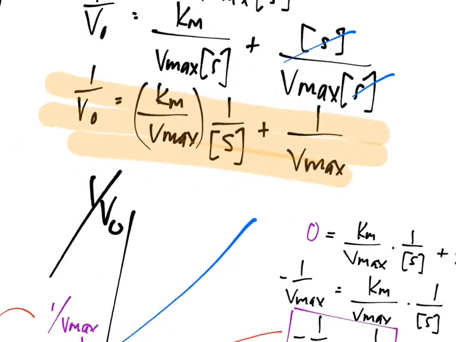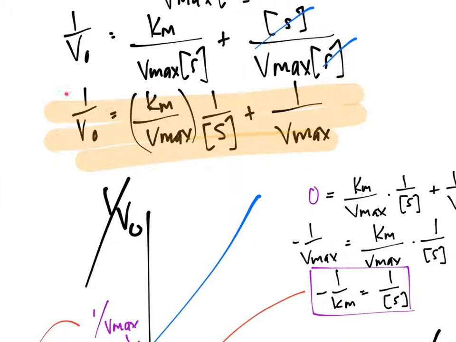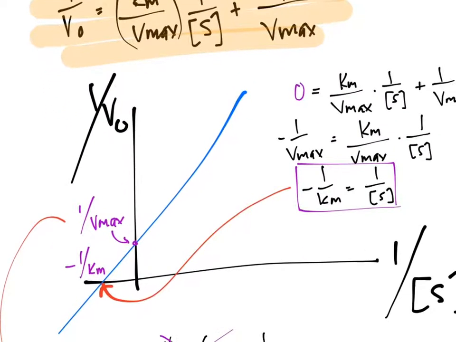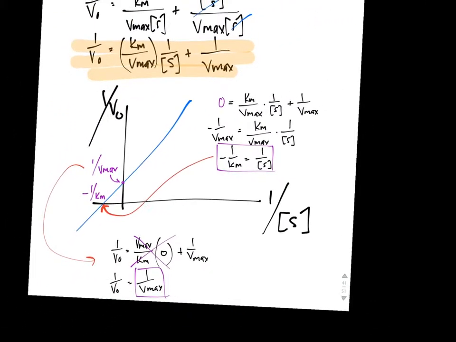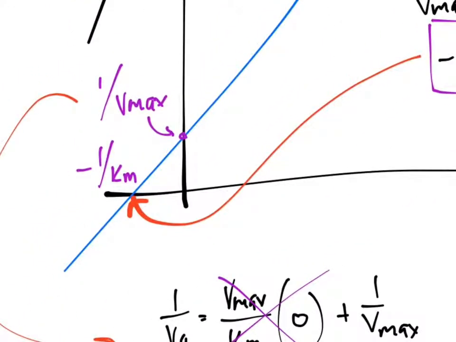Now, the key thing here is that this is just y equals mx plus b. So what that does for us is that it enables us to graph it. Let's put this as the y-axis here, and this as the x-axis, and you end up being able to graph it. The two key points you want to pay attention to are the x-intercept right here and the y-intercept.